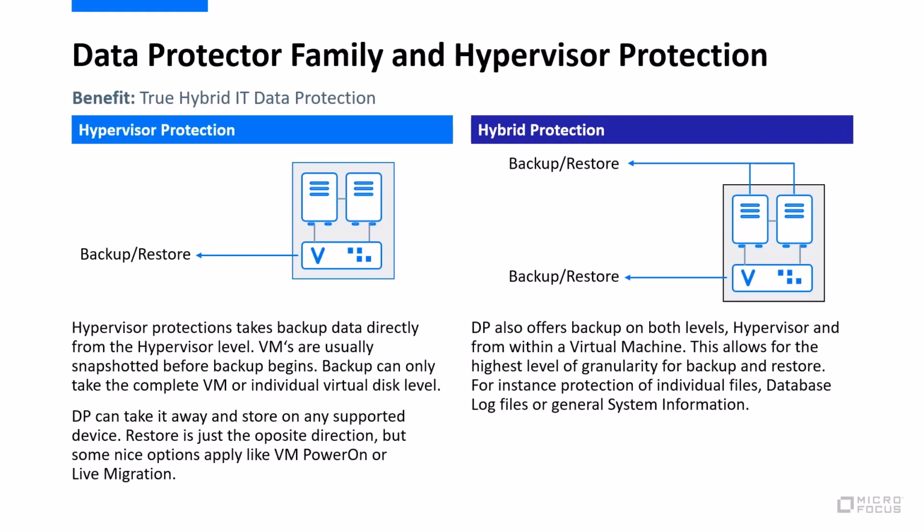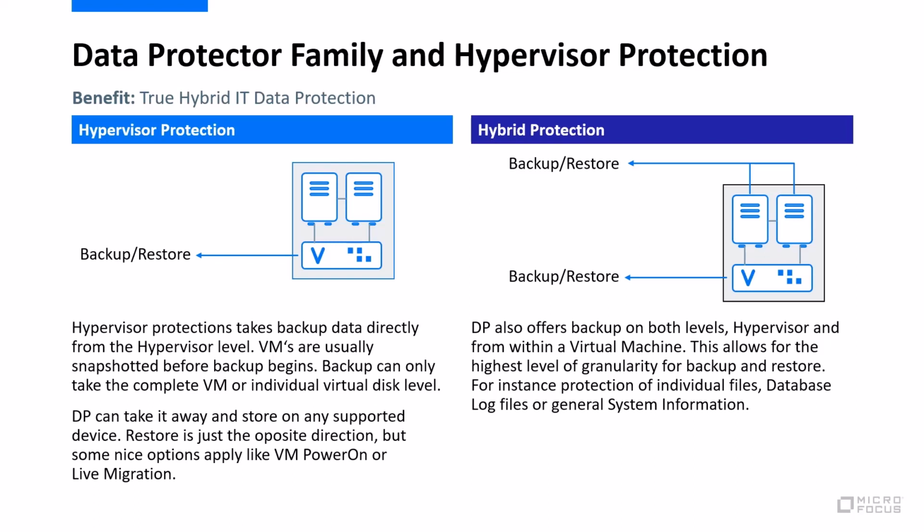Data Protector offers several ways of dealing with hypervisor-based data. So if you're hosting virtual machines on typical hypervisor platforms, you always have the opportunity to back up via that hypervisor integration.